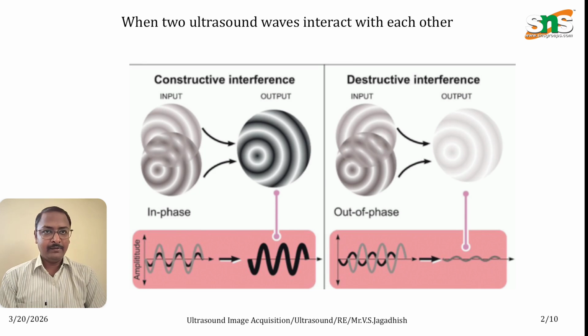Here you have constructive interference and destructive interference as two different titles. In constructive interference, the waveform in the highlighted block represents two sine waves of different amplitude, but both are in the same phase; that is, they start at the same angle and end at the same angle.